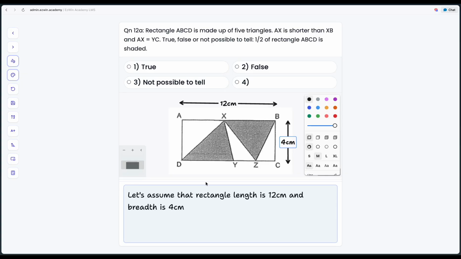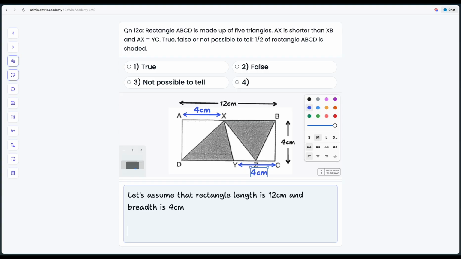So we also know that AX over here, let me just make this a different color, AX is the same as YC in this case. So what can we write down over here? We can put this as 4 centimeters in blue, and 4 centimeters in blue.